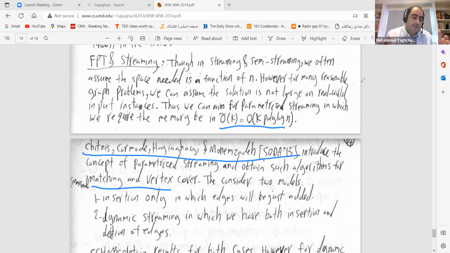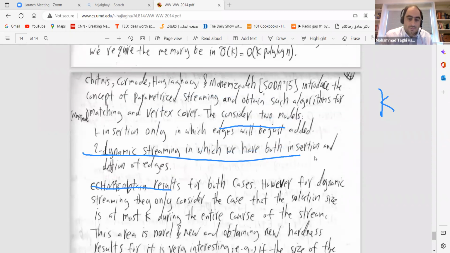So if we have this assumption that the size of the vertex cover is at most k in this graph, then actually the space that we need for these problems would be order k square.